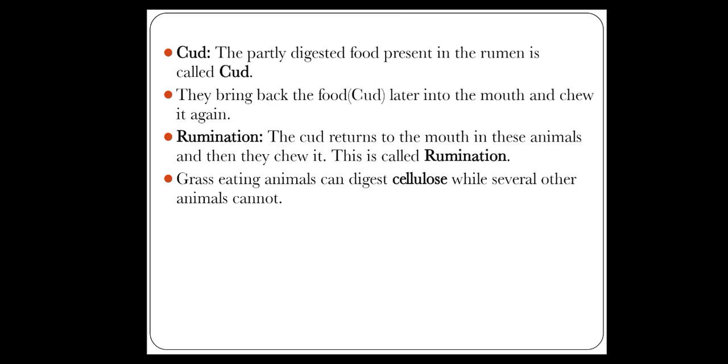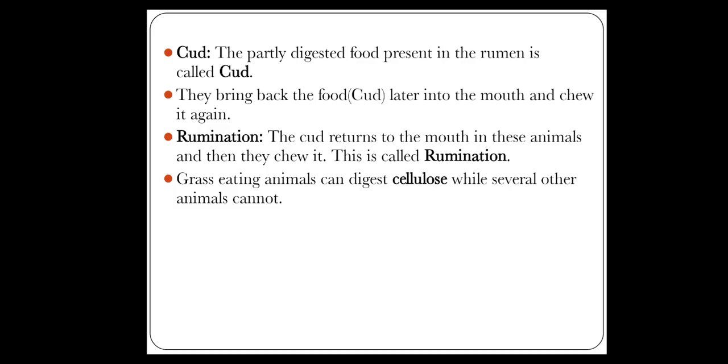So what is cud? The partially digested food which is present in the rumen is called cud. The animal first swallows the food which goes to the rumen. In the rumen it is partially digested and it comes back to the mouth and the animal chews it properly. This is known as rumination.